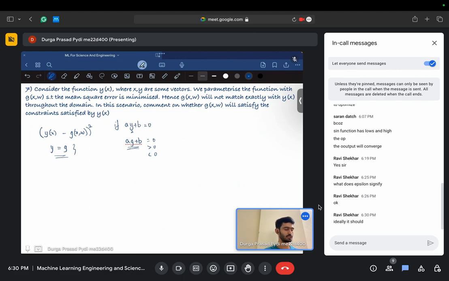Ideally it should. Why should it follow this? Then y is not equal to g for sure. One answer is that it will be equal to 0. But if y is not equal to g and you are just trying to minimize this, how did you come to the conclusion that it should actually satisfy this constraint?